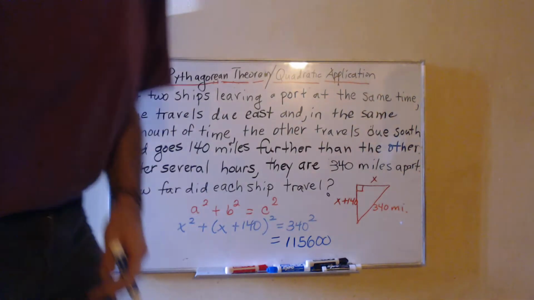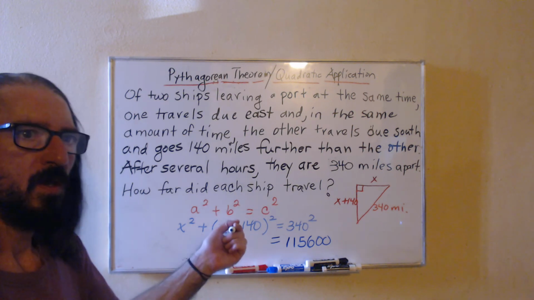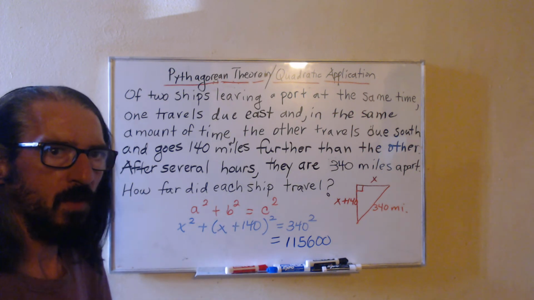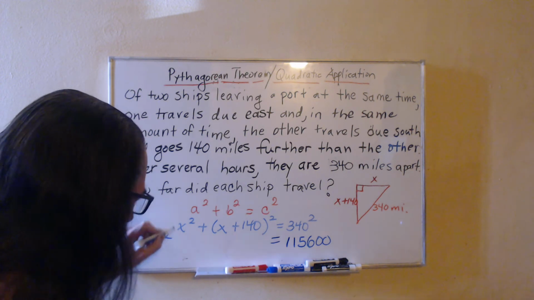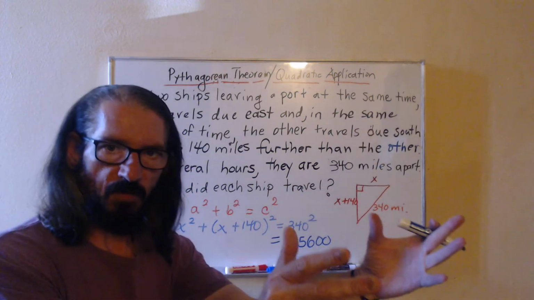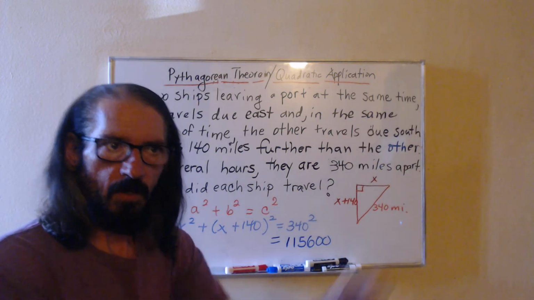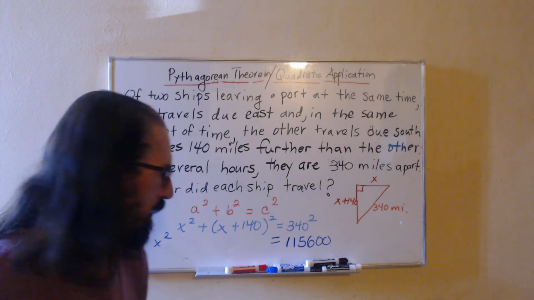And before we can go too much further, we're going to have to simplify the part with x plus 140, that quantity being squared. You could either write parentheses x plus 140 times another parentheses x plus 140, or refer to the formula for squaring a binomial.